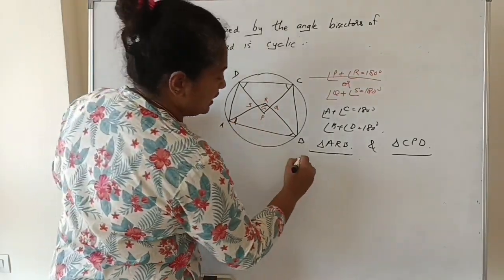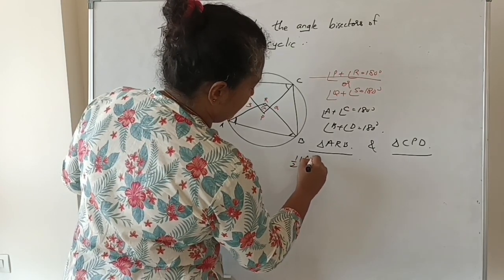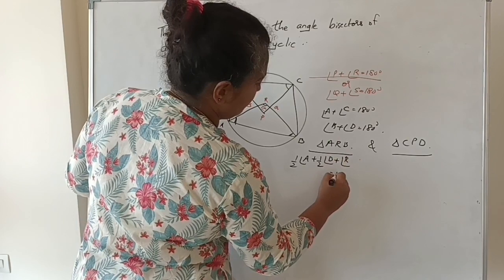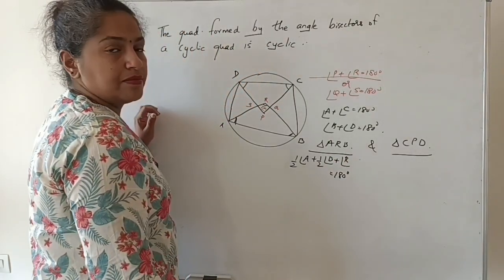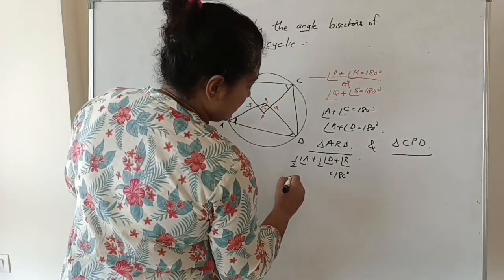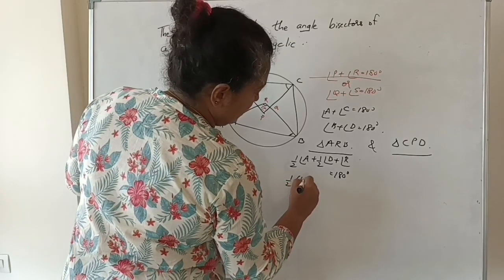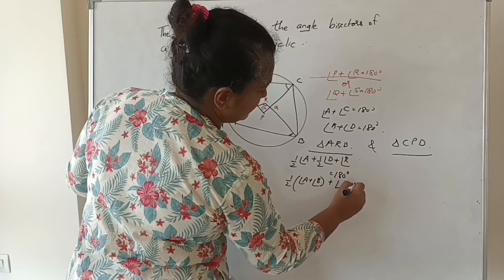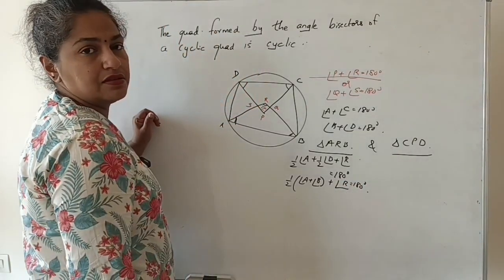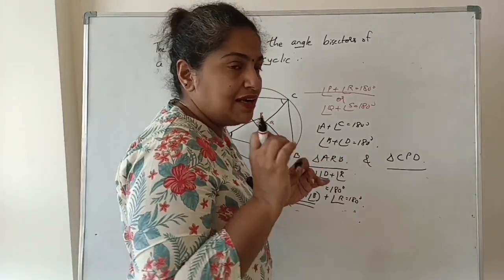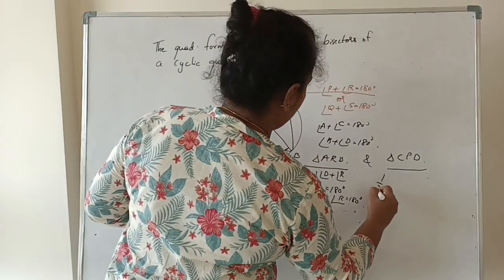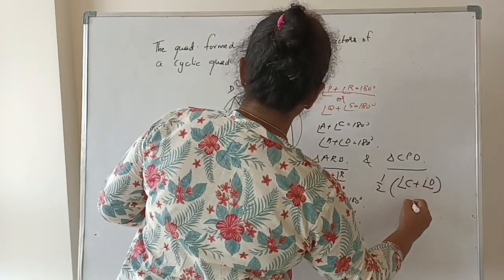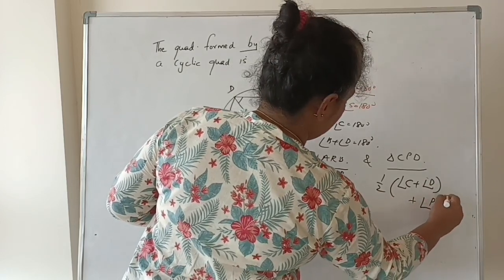Now this angle is half angle A, the other angle is half angle B, plus our angle R is equal to 180 degrees. Or I can say that half of angle A plus angle B plus angle R is 180. Right? Similarly, for triangle CPD, I can write half of angle C plus angle D plus angle P is equal to 180.